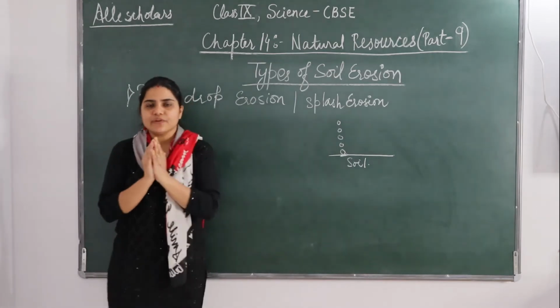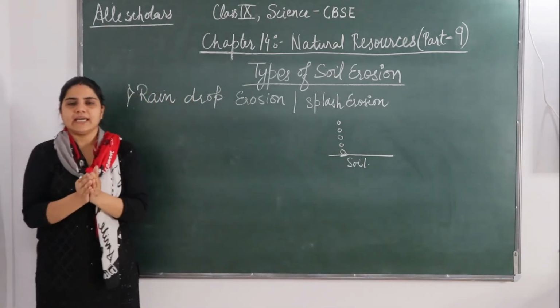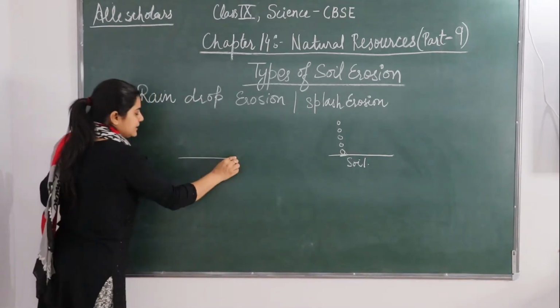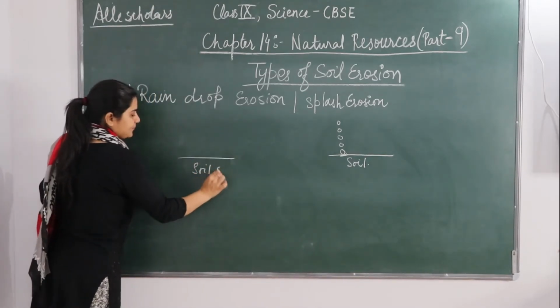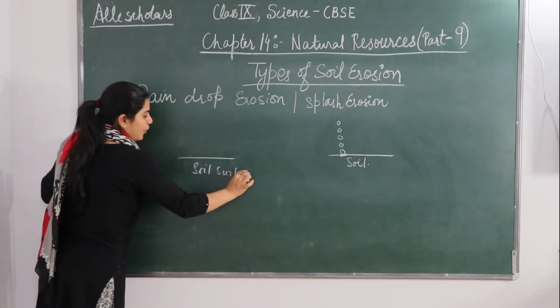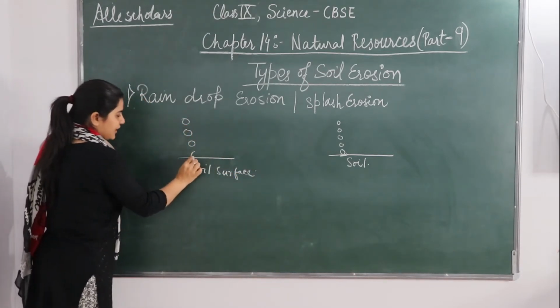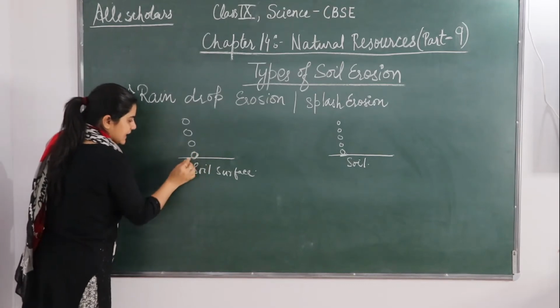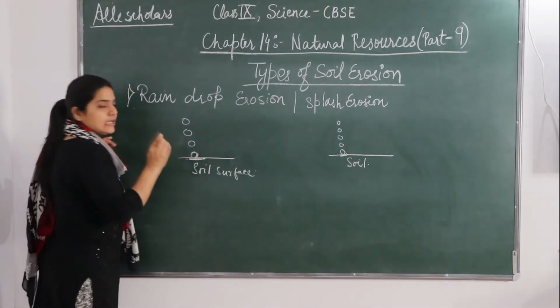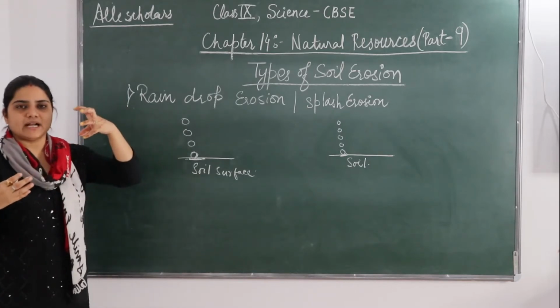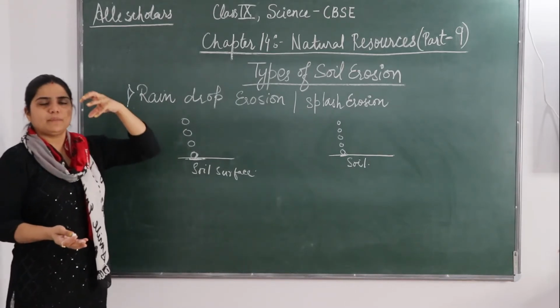तो basically जो raindrop erosion है या splash erosion है उसमें क्या है? एक soil का surface है और जब rainfall हो रही है, the drops of rain are coming, hitting the surface of the soil, bombarding it. The raindrops are acting like a bomb. Raindrop कैसे act कर रहा है?